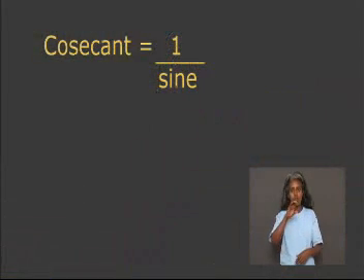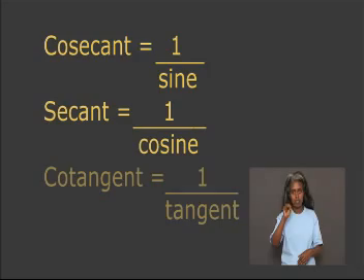These are named the cosecant, secant, and cotangent. That means what you have all learned about sines, cosines, and tangents is going to be very helpful to you today. Are you ready, students? Let us begin the lesson.